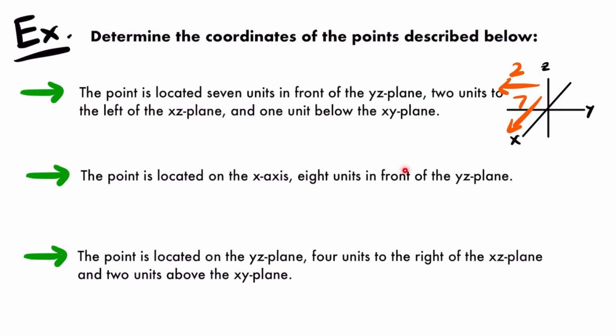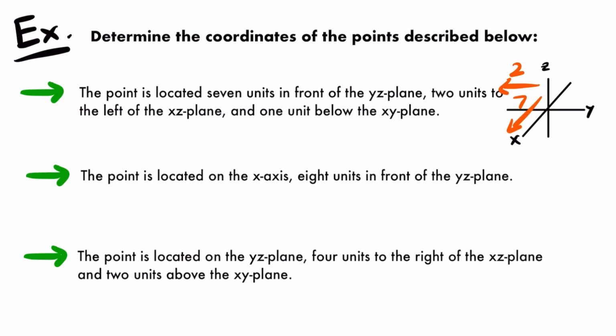All right, and then finally we have 1 unit below the xy plane. Now hopefully you know what the xy plane is. It's the plane formed by the x and y axis, so this plane right here. And the z-axis is perpendicular to both the x and y axes, right? So it's going straight through the xy plane. And so if we're measuring below the xy plane, we are measuring in the z direction.